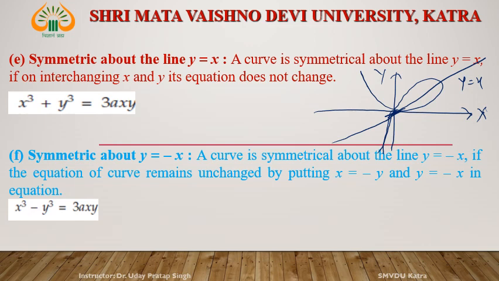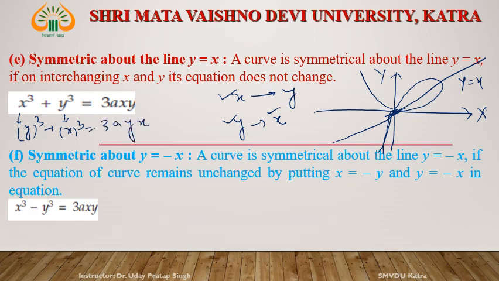How do we know? In the equation, replace x by y and y by x. If the equation of the curve remains unchanged, for example, replace this x by y, y cube, this y by x, x cube is equal to 3a yx. This equation is the same as this equation. Then this type of equation is symmetric about the line y equal to x.